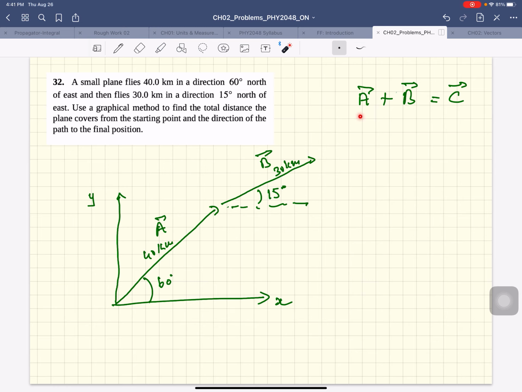So whenever you want to do an algebraic summation, what you want to do is get A and B in terms of their components. Okay, so that's the first thing you want to do. So A is AX i plus AY j, of course.